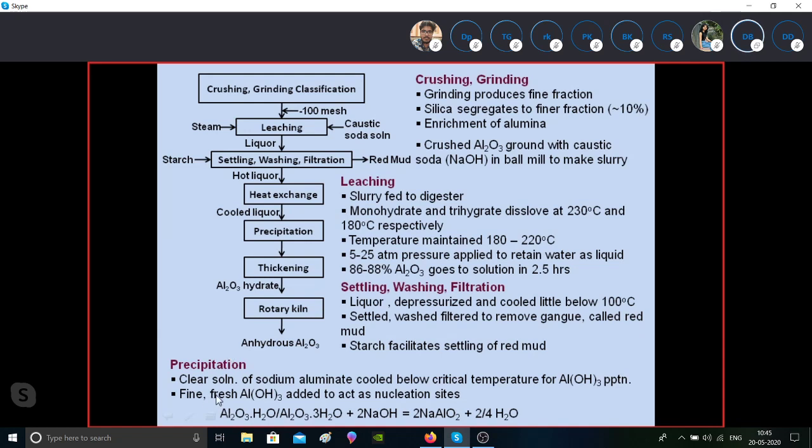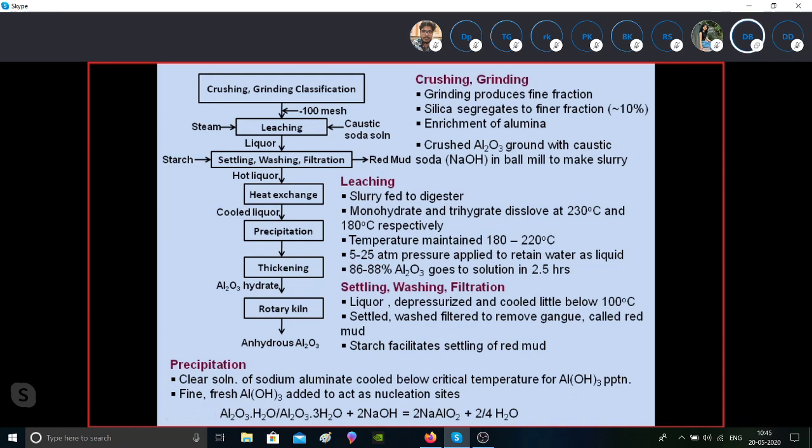Once freshly prepared aluminium hydroxide is coming out, we can add some aluminium hydroxide as seed material, which hastens the precipitation of Al(OH)3. So now aluminium hydroxide precipitates out.